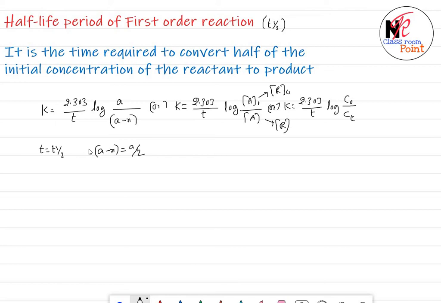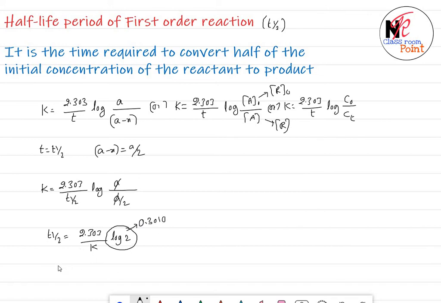Let us try to substitute these forms in this equation. We shall get K equals 2.303 by T half, because T becomes T half, log A divided by A by 2. Now here A gets cancelled and the denominator comes to the numerator. So finally we can write T half equals 2.303 by K into log 2. Log 2 value is 0.3010.